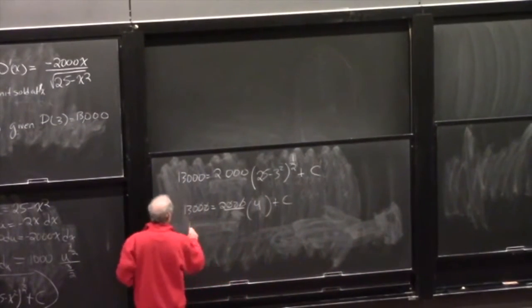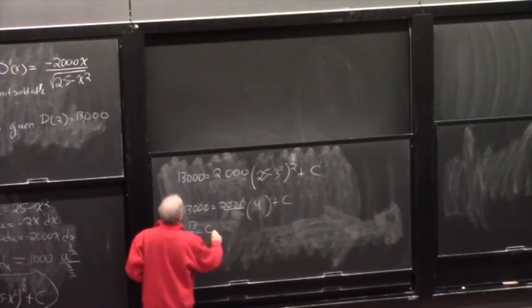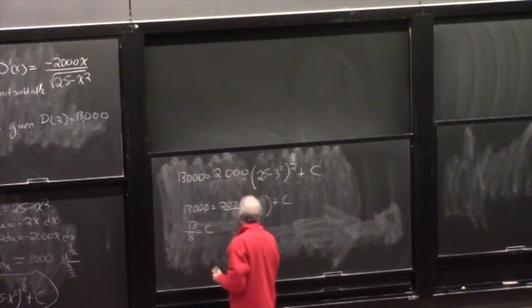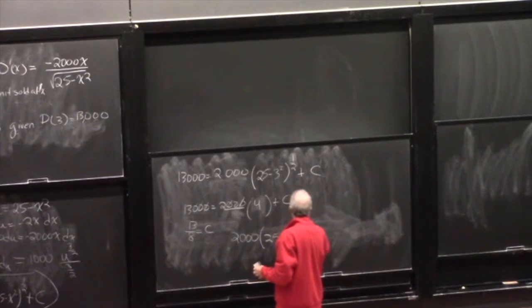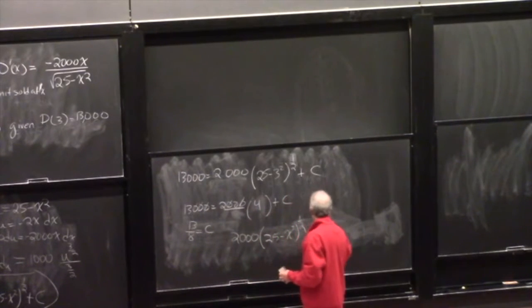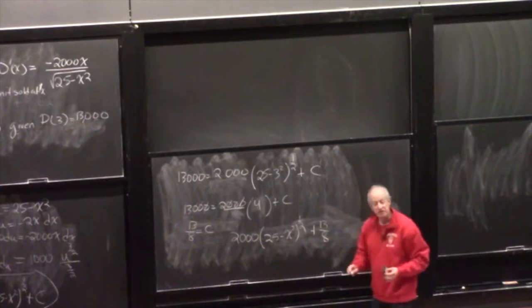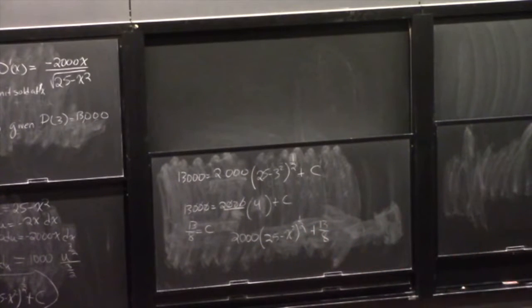You get c equals 13/8, so you get 2,000 (25 minus x squared) to the 1/2 plus 13/8. Get there? Well, you need to get all the way there to get full credit.